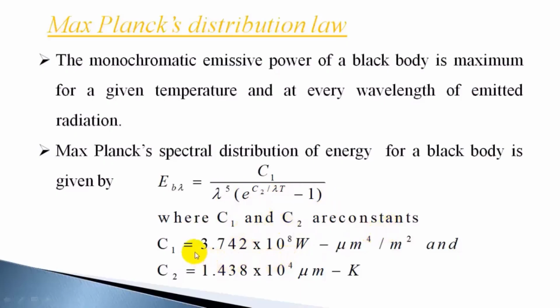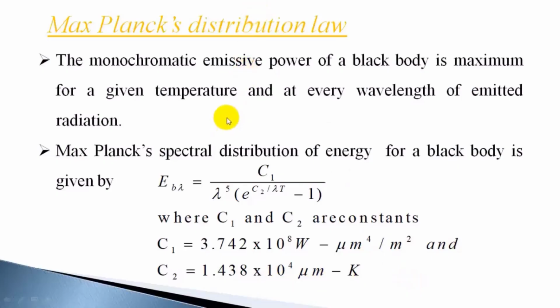C1 is 3.742 into 10 raised to 8 watts micrometer to the power of 4 per meter square, and C2 is equal to 1.438 into 10 raised to 4 micrometer Kelvin. So this is Max Planck's distribution law.